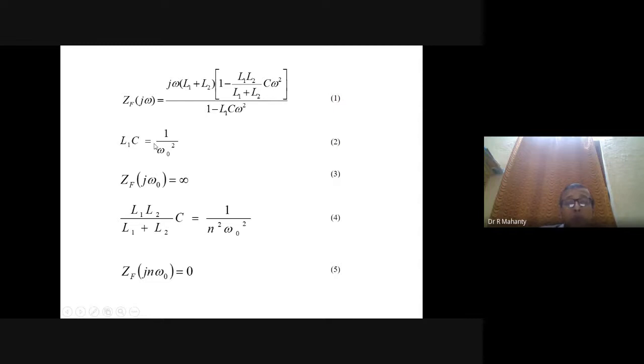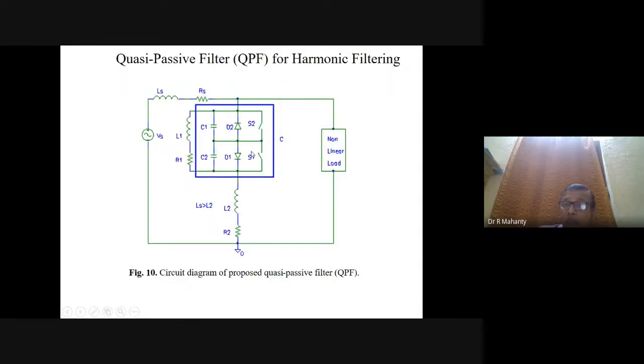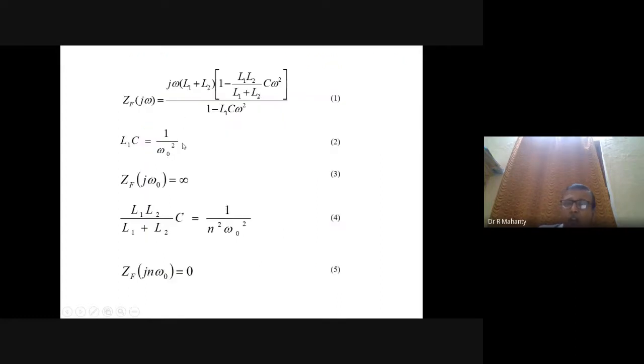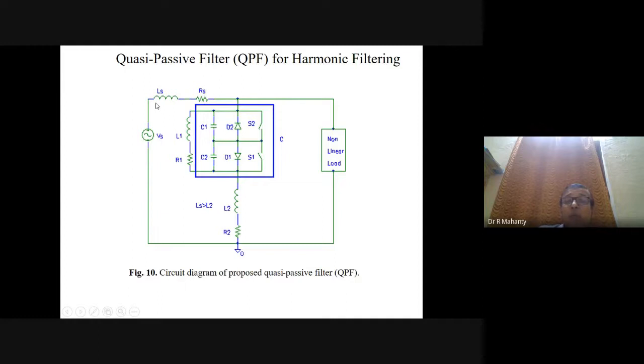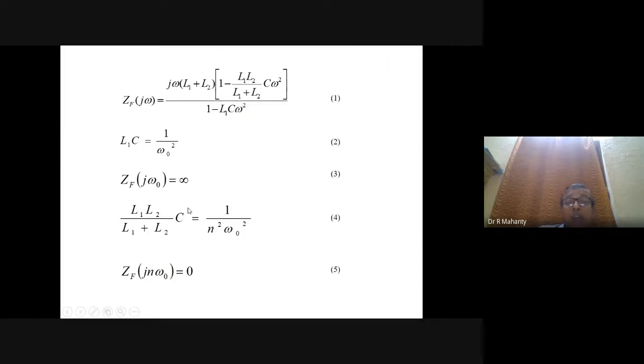Okay, and in this equation, if this circuit is at the fundamental frequency, so L1C is equal to 1 by omega naught square. So this ZF j omega naught becomes equal to infinity for this case. Okay, so if this is infinity, that means for the harmonic frequency current, it will provide very good filtering, whereas L1 L2 divided by L1 plus L2, times C, is equal to this.